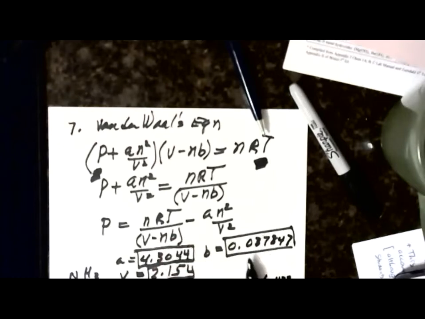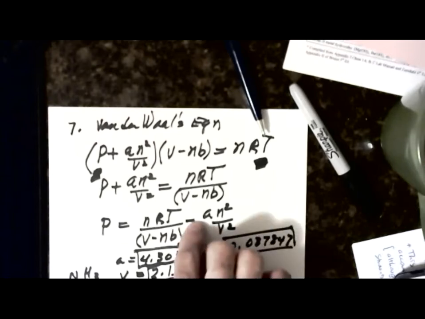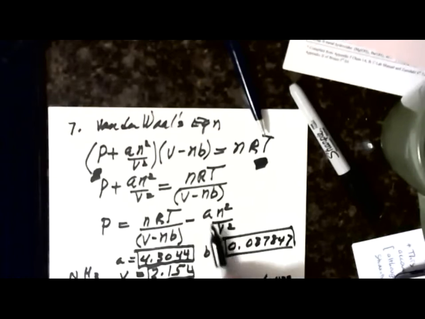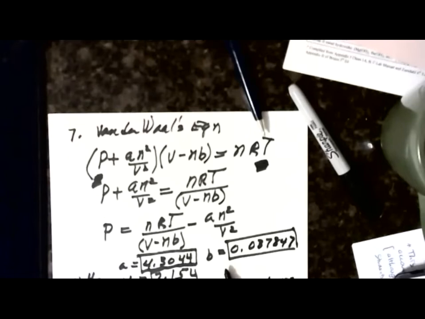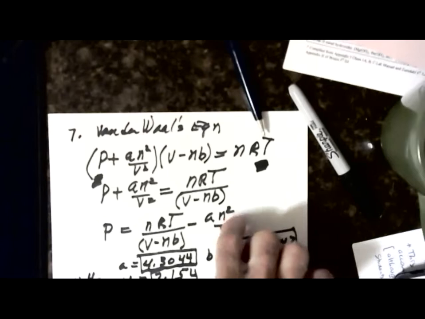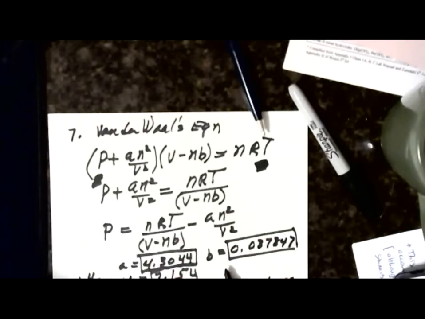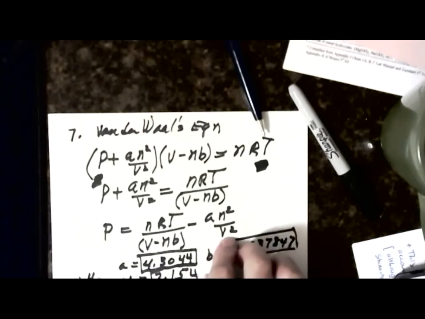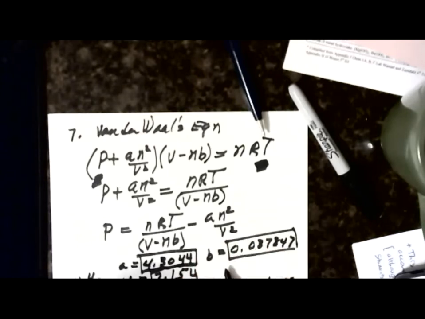Times B is 0.037847, and now I need to close my parenthesis. And now I want to subtract. Minus A is 4.3044 times my answer squared, second answer squared, and divide that by volume, 2.15 squared.